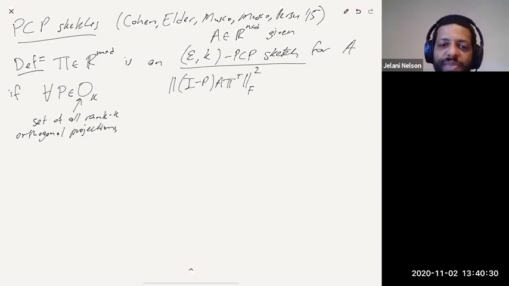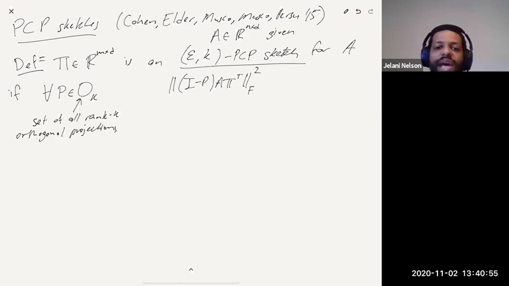So if you take the transpose of A pi transpose, it is pi A transpose, right? So you can think of pi as sketching the rows of A. Pi is reducing the dimensionality of the rows of A.